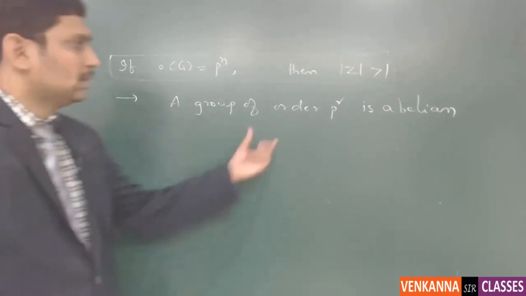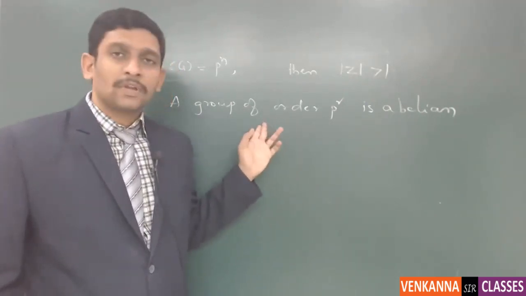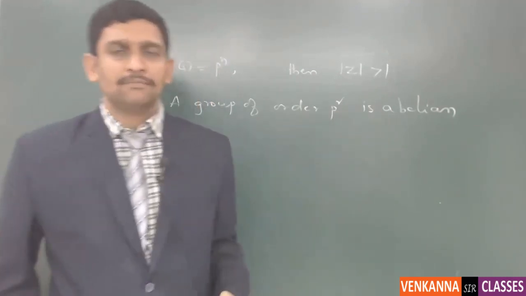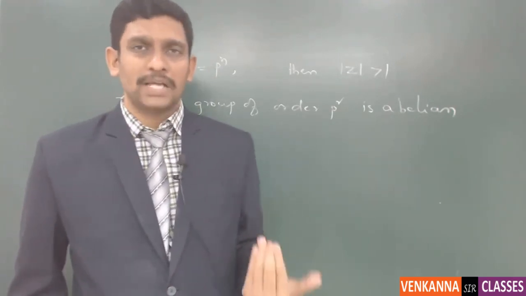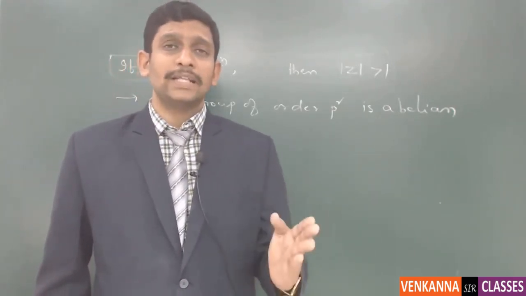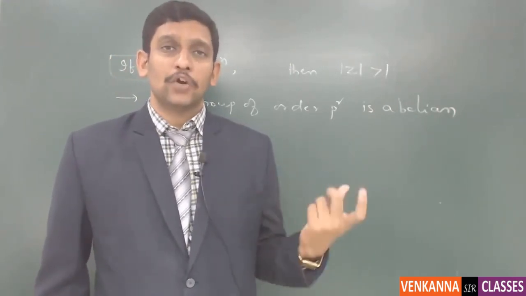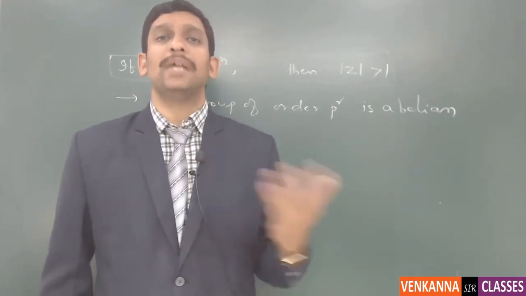Now the whole idea here is, since we have to show that it is abelian, there is no direct proof available for us. So let us go the opposite way. Let us assume that the group which has order P square is not abelian.